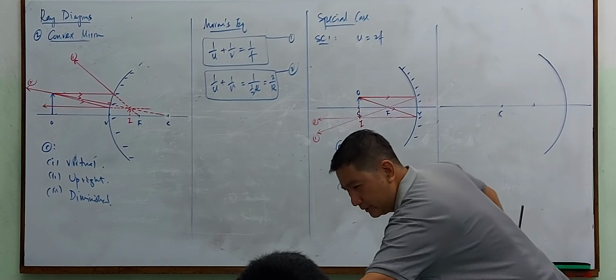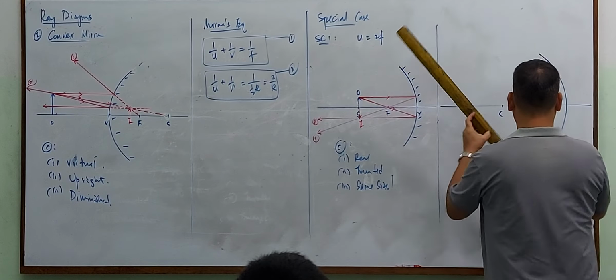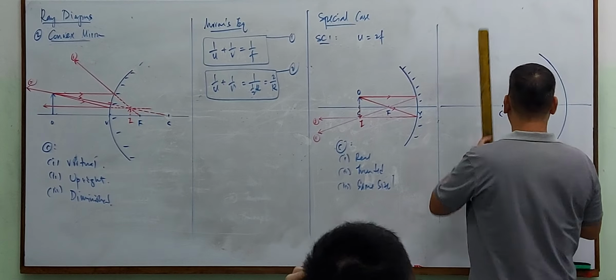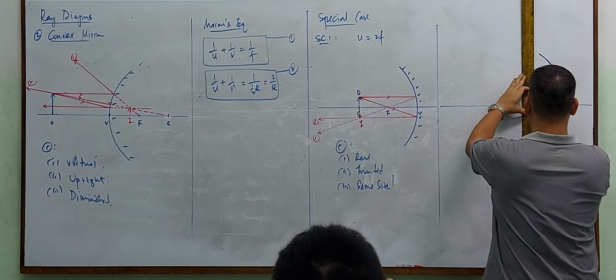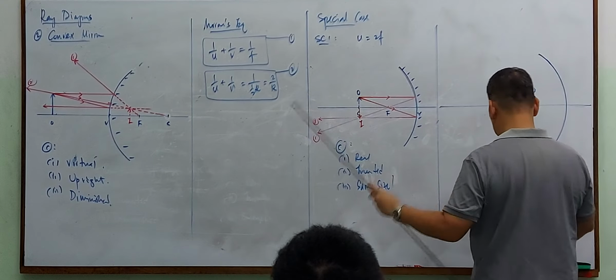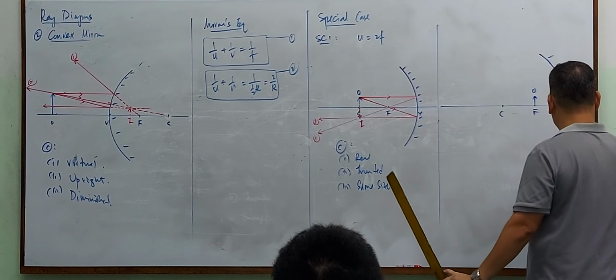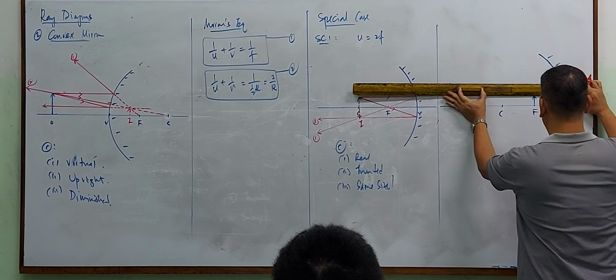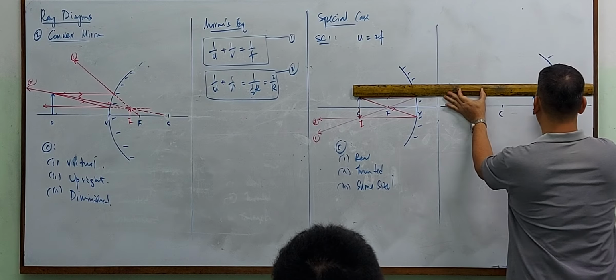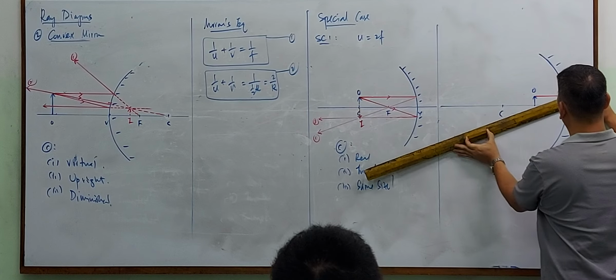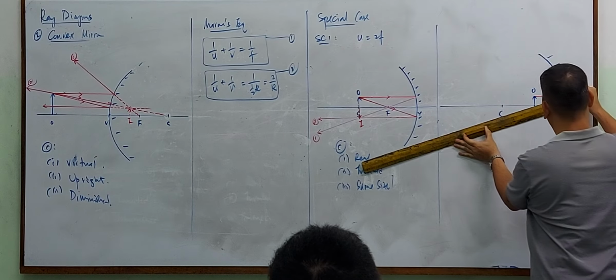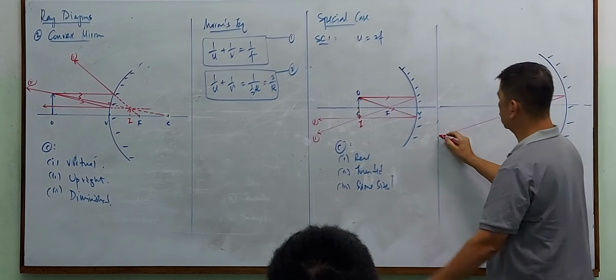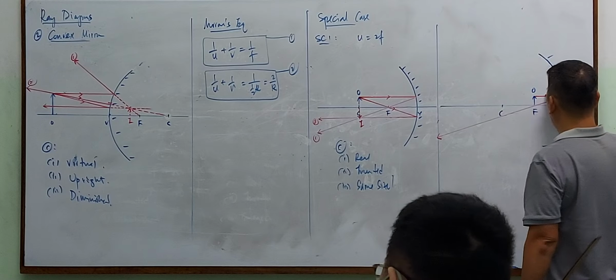The compass point. Okay, the F. Now our object is here. You put the object here, near to the mirror. Now, so we have first one. We have light ray parallel, and then go to focus point. That's number 1.